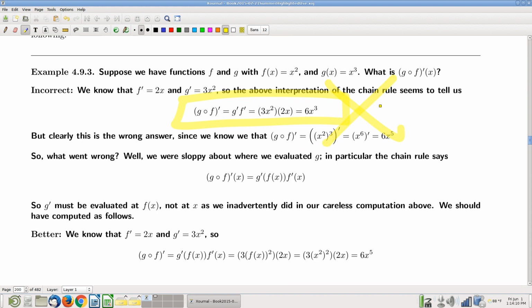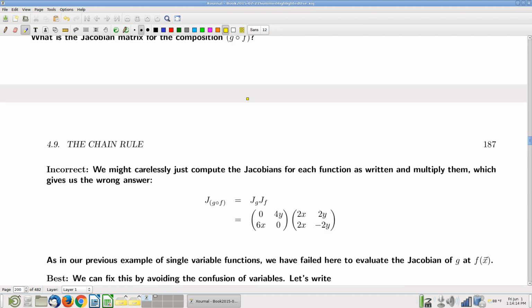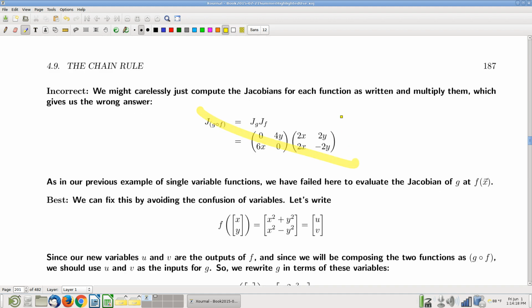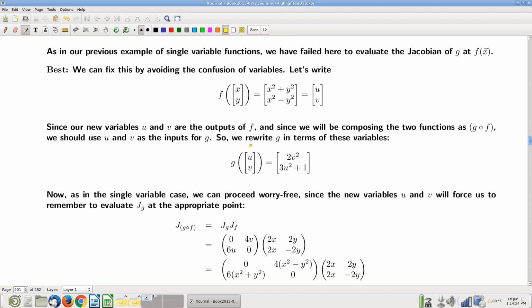So don't do a confusion of variables thing. Just avoid the confusion of variables entirely. Here's the wrong way of doing it. Let's avoid that entirely by just rewriting G. There's that same function G, now written as a function not of x and y, but of new variables. I've made up two new variables, u and v, pulled them out of a hat.